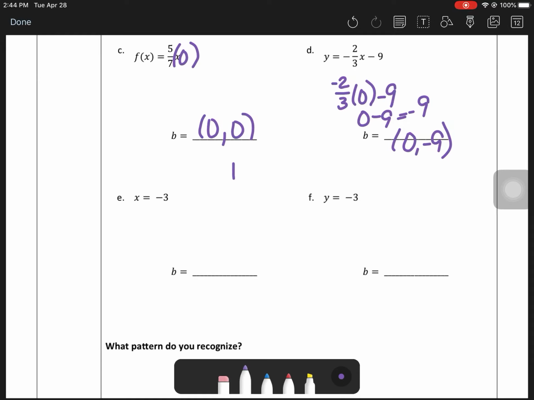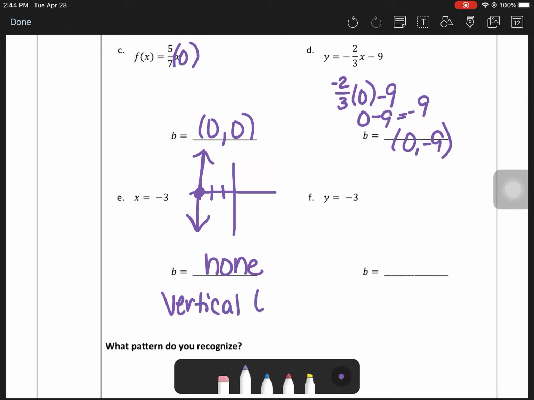On letter E, if x is -3, and it's always going to be -3, that's going to be a vertical line, so there is not going to be a y-intercept because it's a vertical line. On letter F, if y is at -3, that means y is always going to be at -3, which crosses the y-axis at -3.